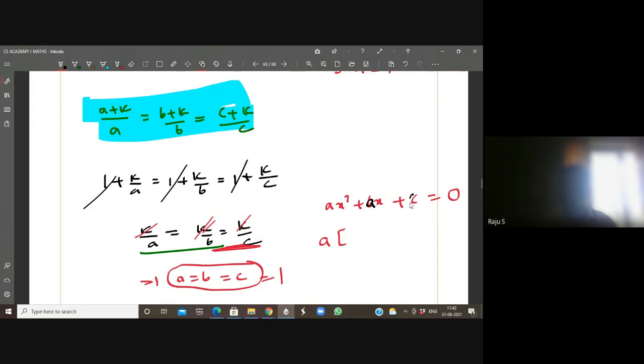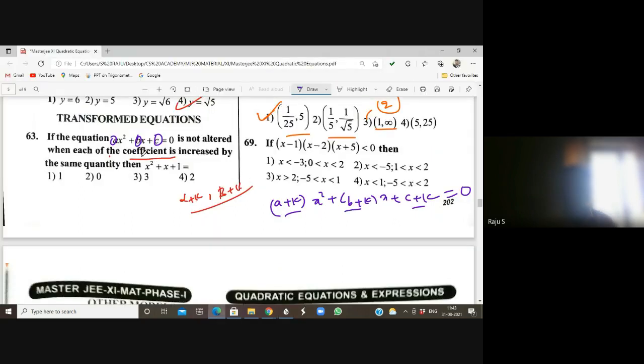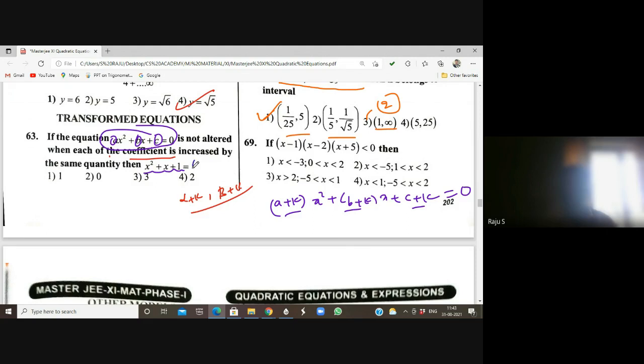When I take a common, x square plus x plus 1 is equal to 0, where a, the coefficient of x square, should not equal 0. Because if a becomes 0, b also becomes 0, c also becomes 0, we'll never get the quadratic equation. There doesn't exist any quadratic equation when any one of the coefficients is equal to 0.